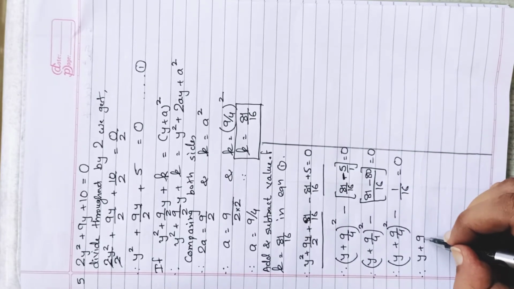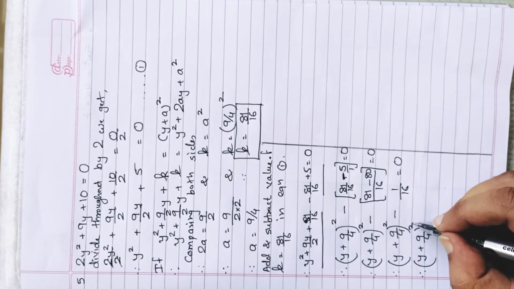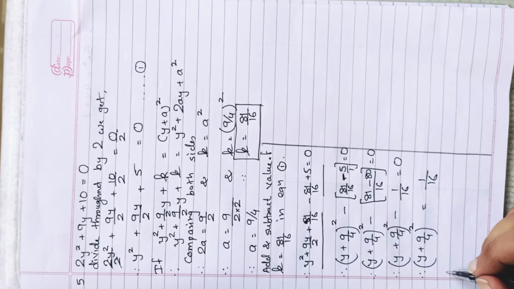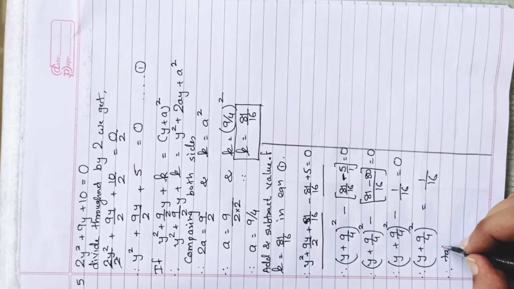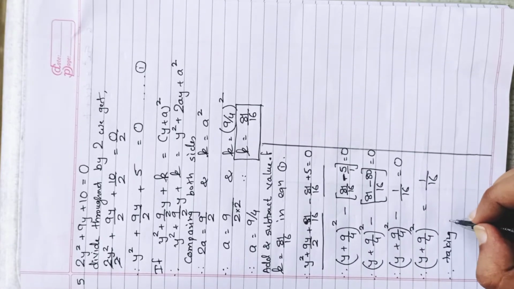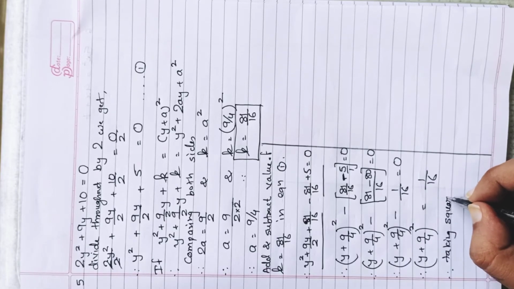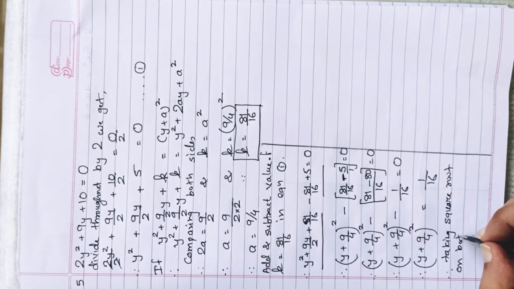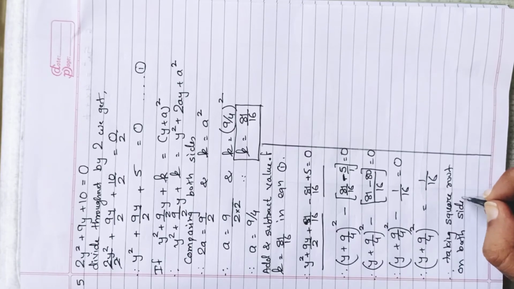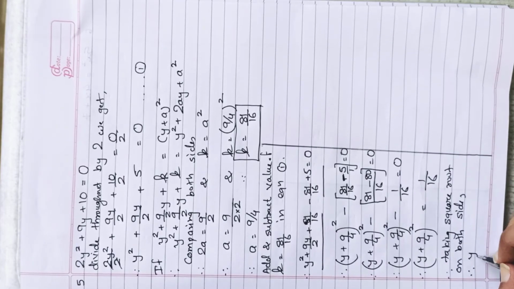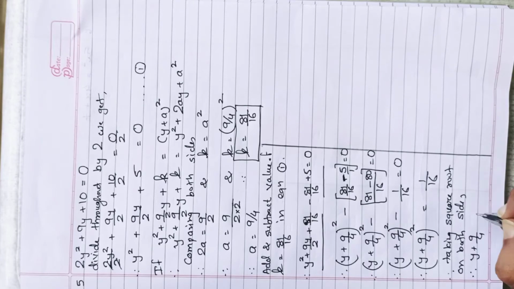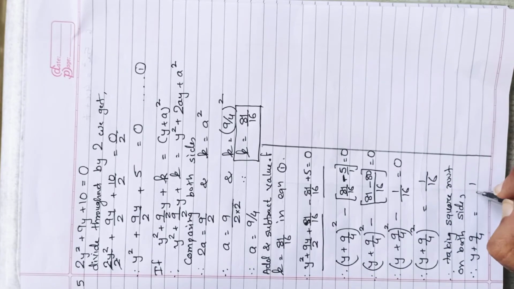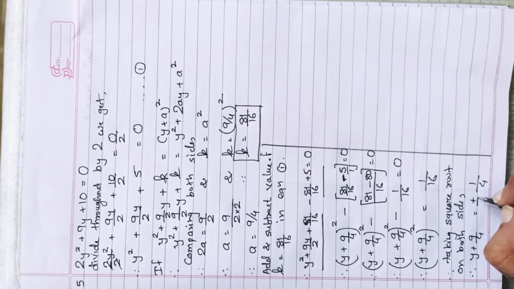So y plus 9 by 4 the whole square equal to 1 by 16. Now taking square root on both sides. Therefore, y plus 9 by 4 equal to, what is the square root of 1 by 16 is 1 by 4, but plus minus.